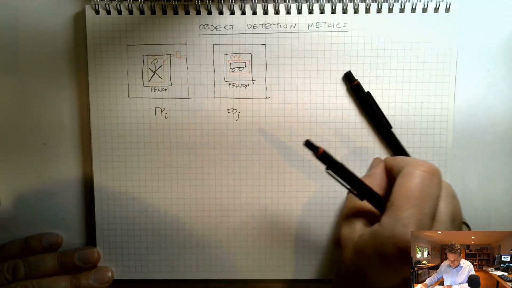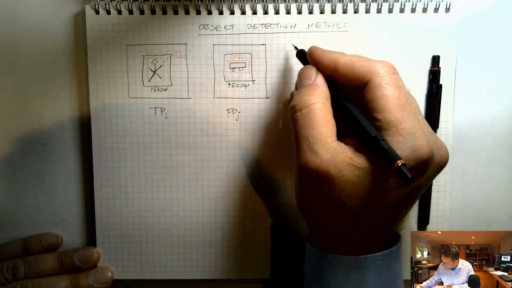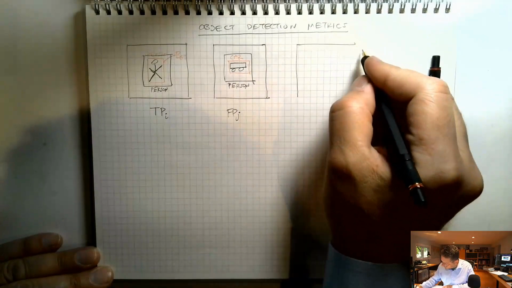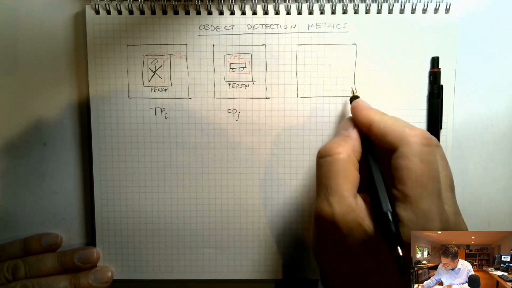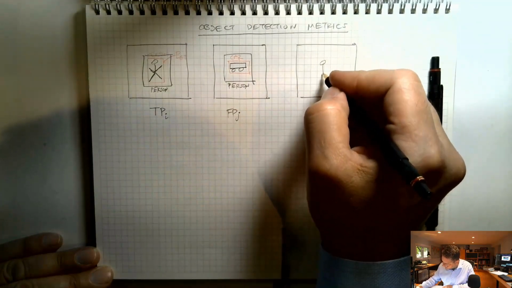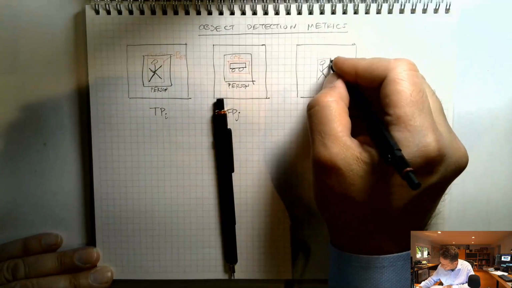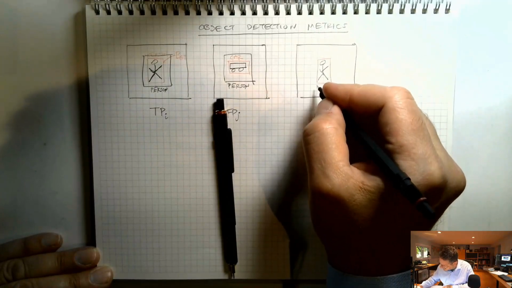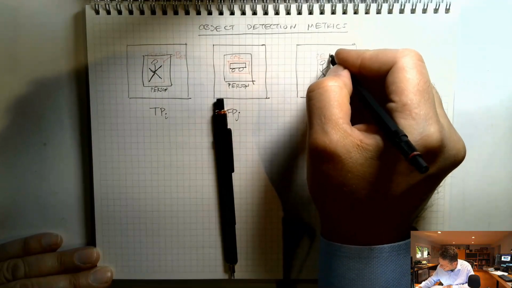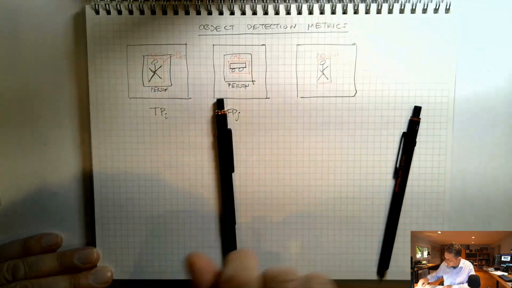The third is a situation where I have present in the image a person, and as you can imagine, this will be called person in the training dataset.